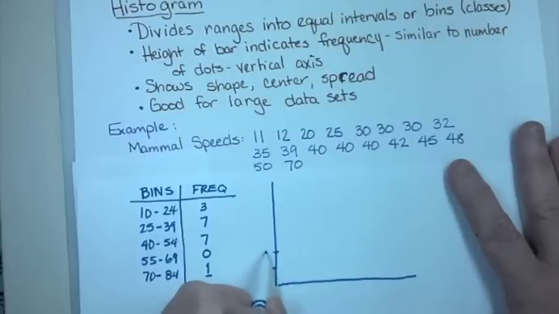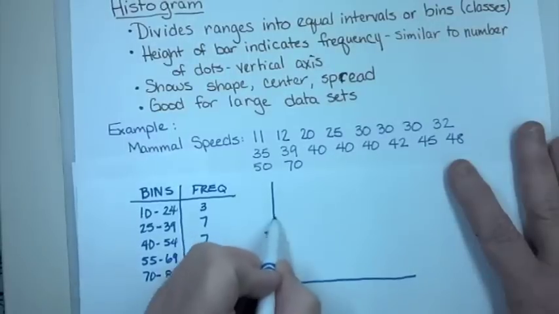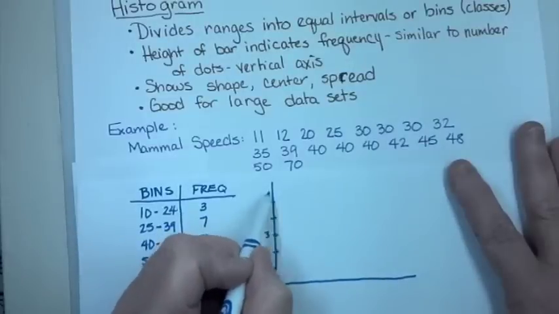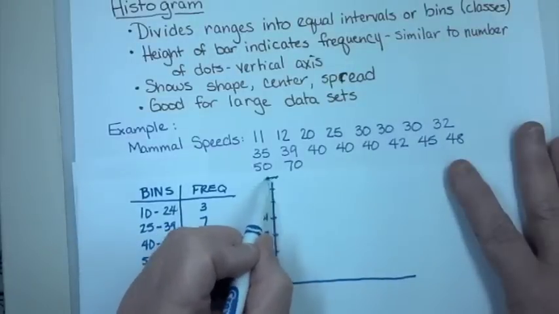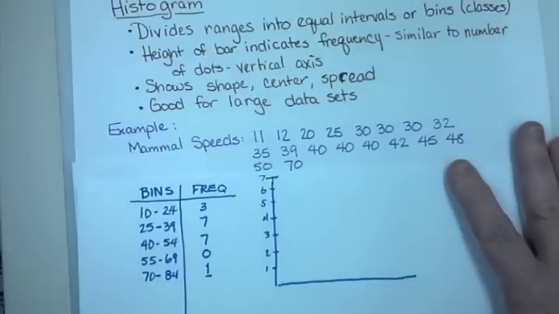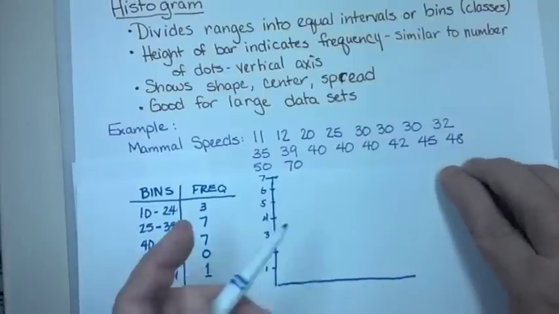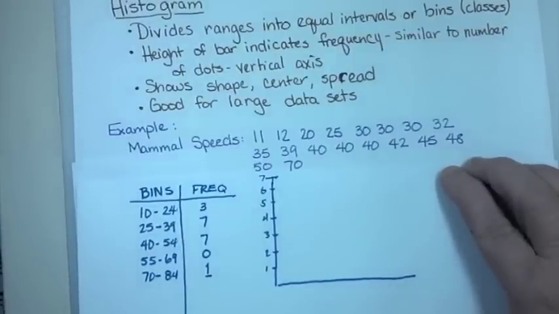And this is a good place to get out the graph paper if you would like to, because you can be like me and end up with uneven frequencies, or you can have nice even ones if you use graph paper. Okay, and on the bottom we have our bins, and a lot of times they use the midpoint to get the middle of the bin, or they just use the edges.